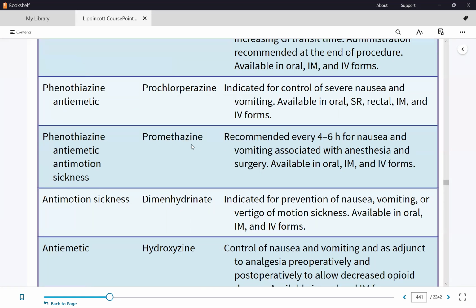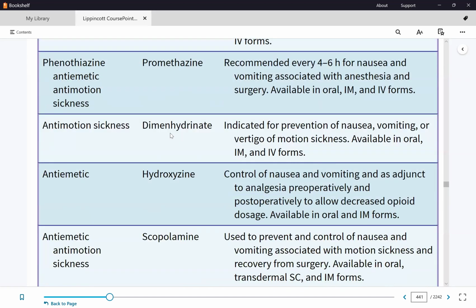The benefit, it can also be used for cough. Promethazine, the benefit here is it's sedating. So therefore, are you nauseous if you're sedated? No. So a side effect of promethazine is sedation. So it's good, right? I mean, if you're nauseous, you would want to rest, right? So that's a good thing about this drug.